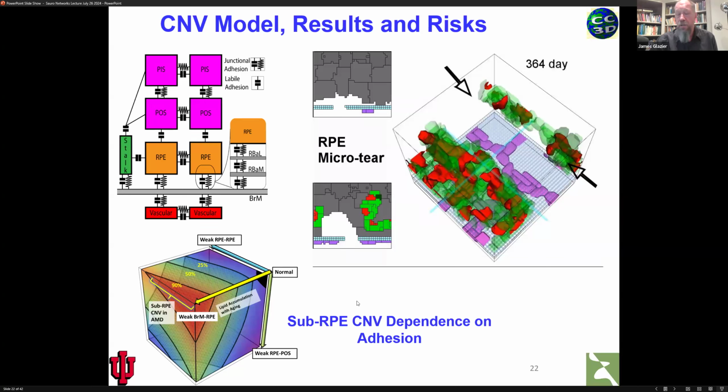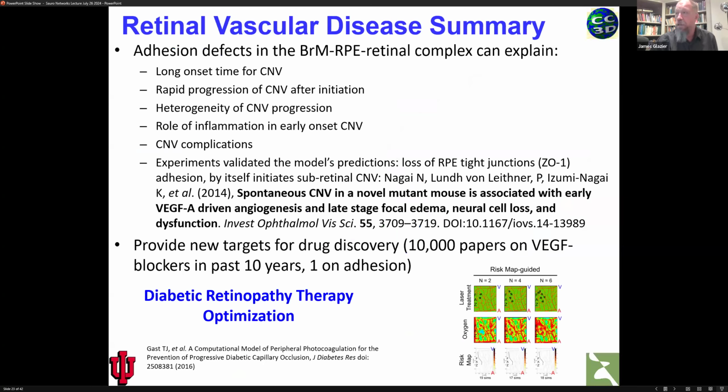And so you can actually use a simulation like this to understand quite a few different kinds of eye disease associated with different kinds of pathologies. And so that was work that we did about 10 years ago now. It's actually validated in experiment afterwards, and potentially creates targets for new drug discovery and treatment processes.